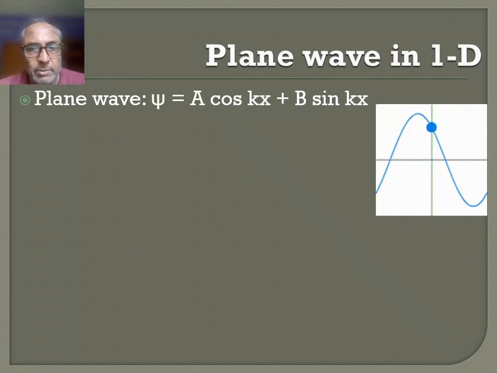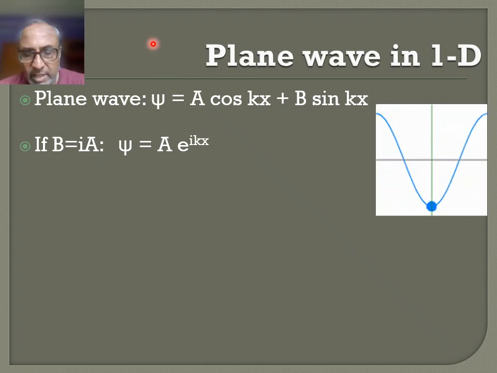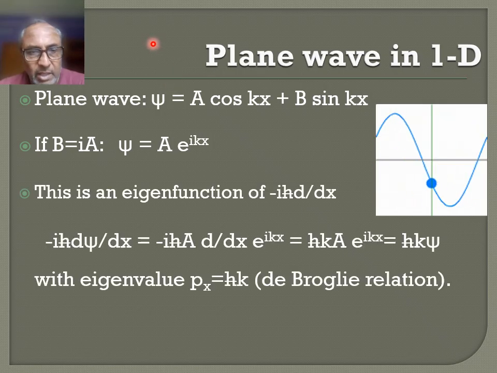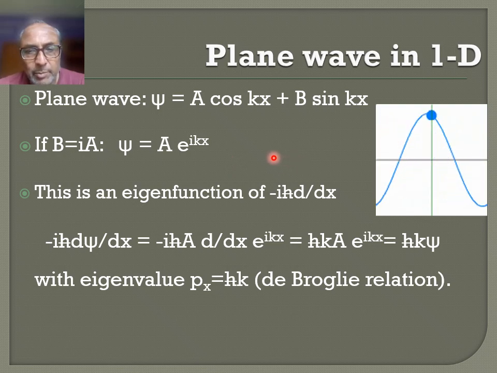Last time we solved the wave equation for a plane wave in one dimension, that is psi equals a cos kx plus b sin kx, which can also be written in the form psi equals a times e to the power i kx, and we showed that this is an eigenfunction of the linear momentum operator in one dimension, that is minus i h-bar d/dx, and we showed that minus i h-bar d psi/dx is equal to h-bar k psi, where the eigenvalues of linear momentum in one dimension are px equal to h-bar k.